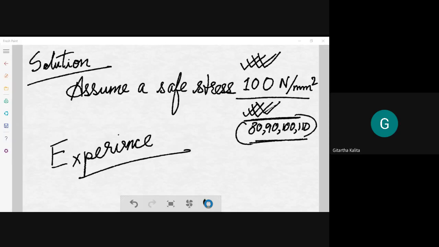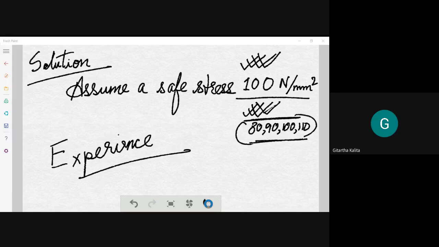This is just coming from people's experience. This is not any clause of any IS code. That is the answer, one word answer, experience.